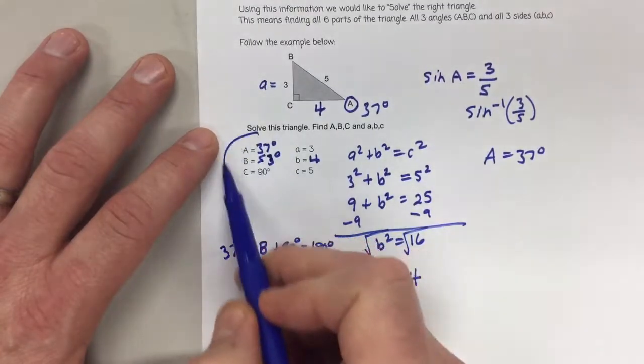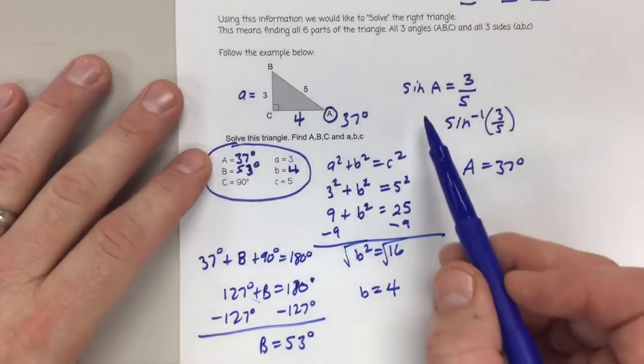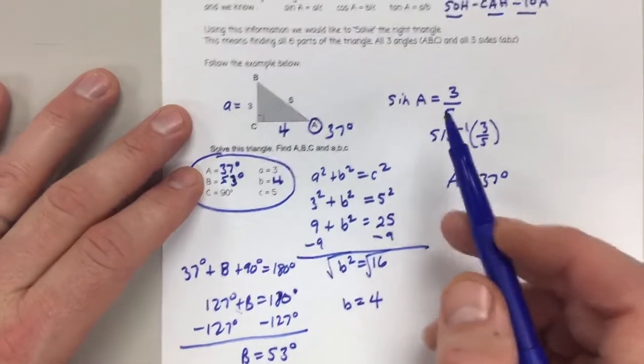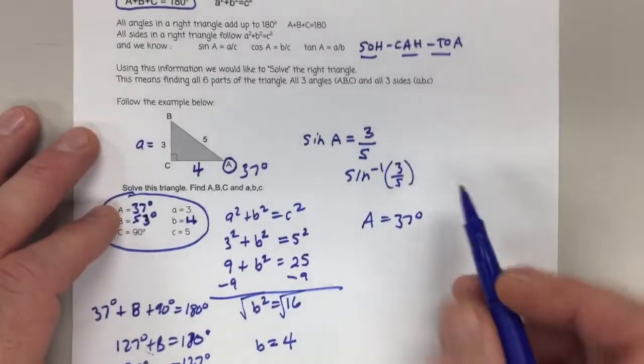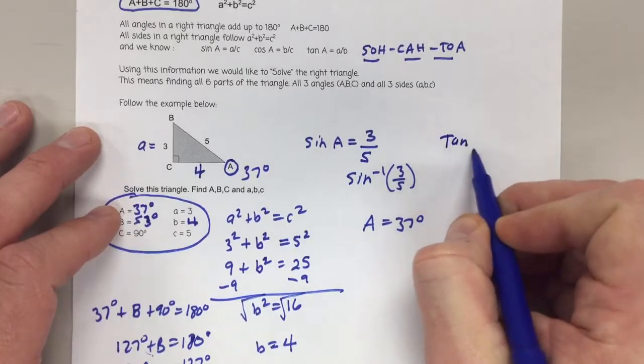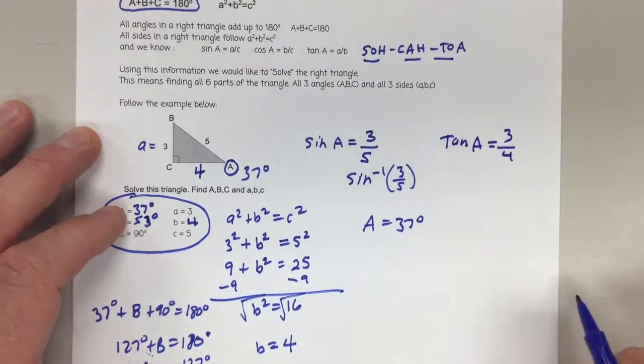So now I have all 6 parts of the right triangle, and I have solved this right triangle. Now, I didn't have to use sine for this. I could have said, you know what, to find A, I want to use tangent. Then I would have said tangent A equals opposite over adjacent.